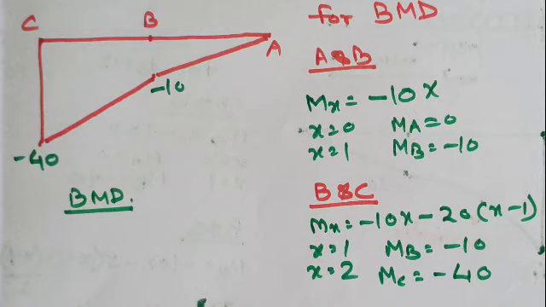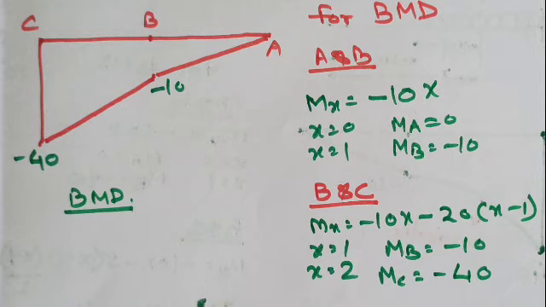From B to A we have 1, so the distance from B to the section will be x minus 1. So the moment of 20 will be 20 into x minus 1. Our equation for this section is Mx equal to minus 10x minus 20(x minus 1). Now put x equal to 1 and x equal to 2. You will get Mb equal to minus 10 and Mc equal to minus 40.